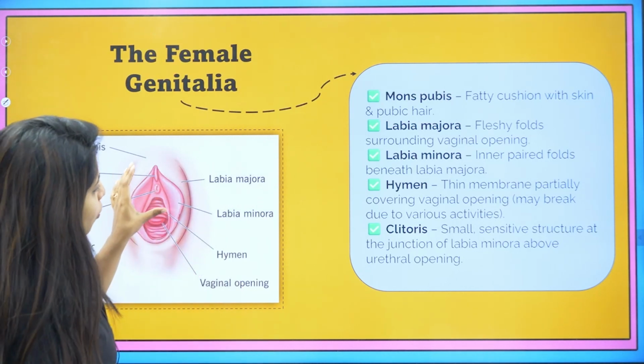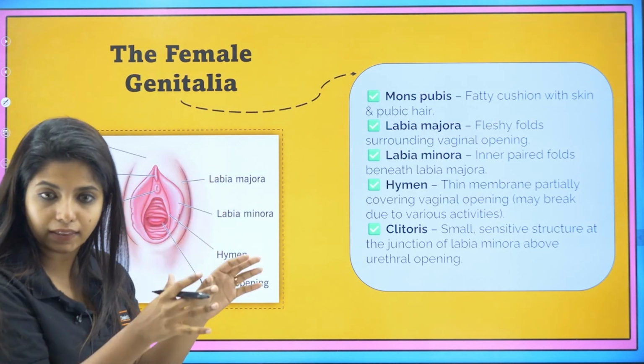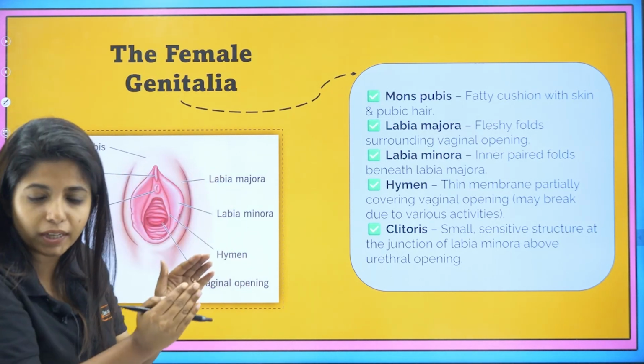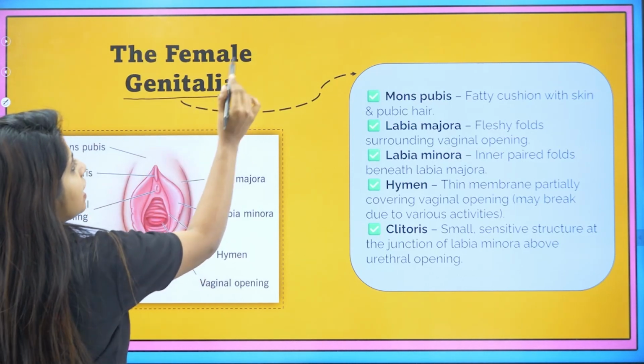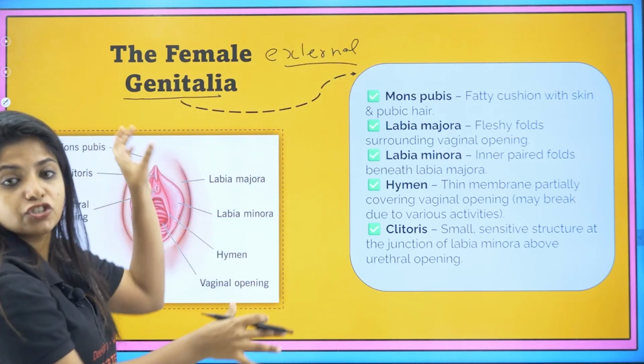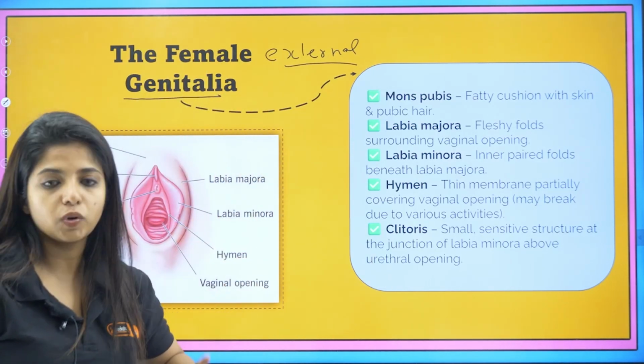Over here in this particular region, you have certain fleshy folds, and since it is externally present, outside the body, you call this the female external genitalia, the genital organ that helps in the process of sexual reproduction.